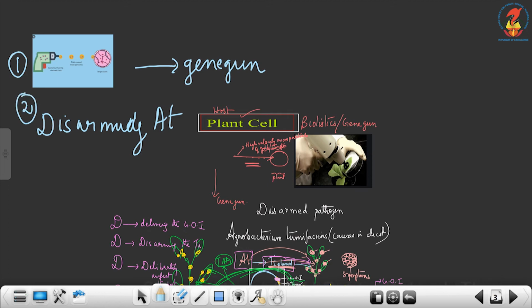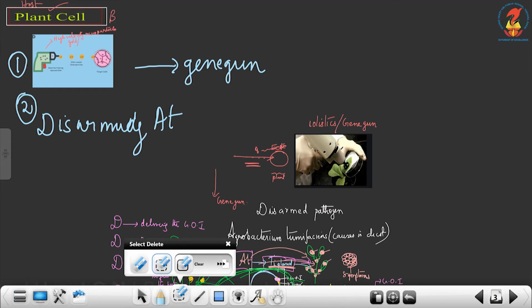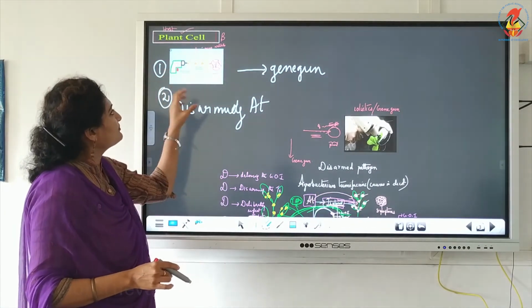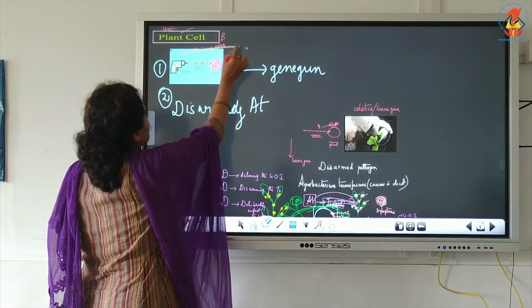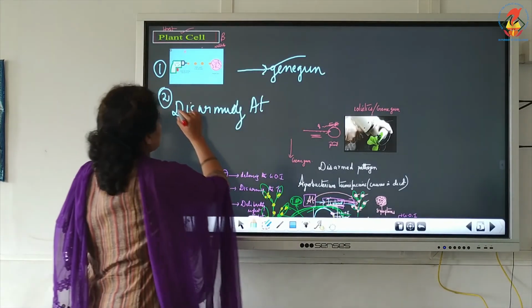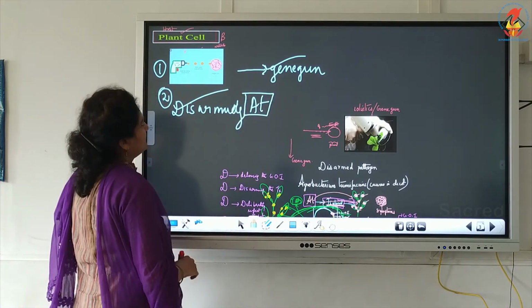So two ways when plant is the host. Got it? So when I recap, the two ways when we make plant a host, we can go for biolistics or gene gun, or we can go for disarming the bacterium, Agrobacterium tumefaciens.